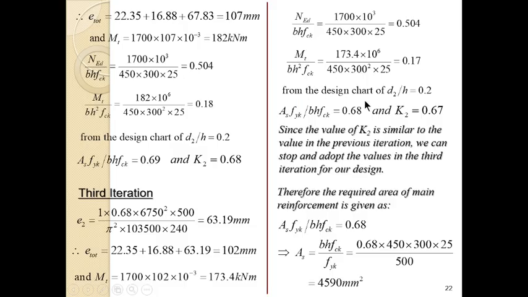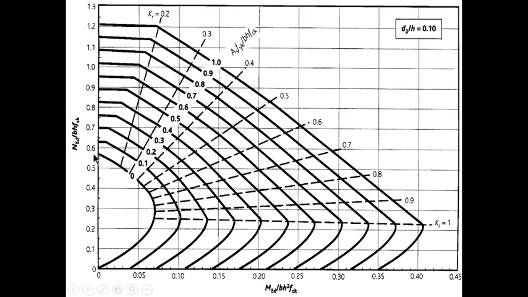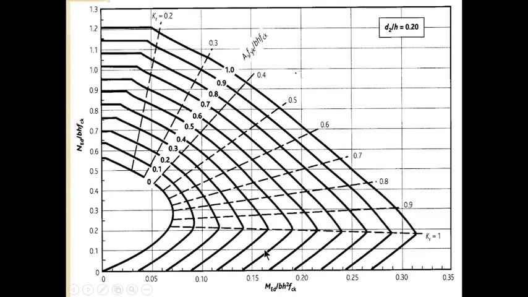So we go back to the design chart, the chart of D2 over H equal to 0.2, and check these two values again. Let's go and see. In this case, this horizontal value is 0.17, and 0.17 is somewhere here.